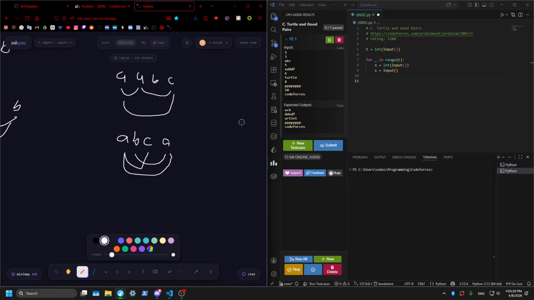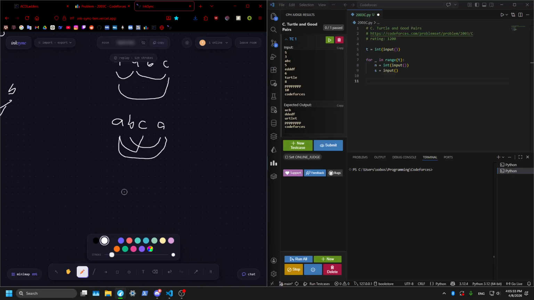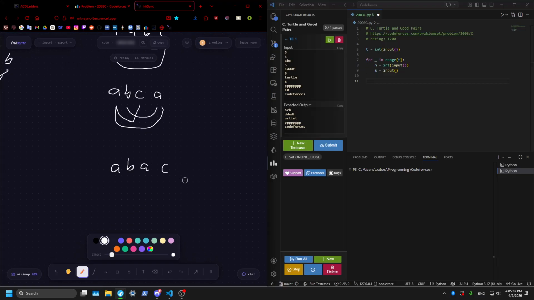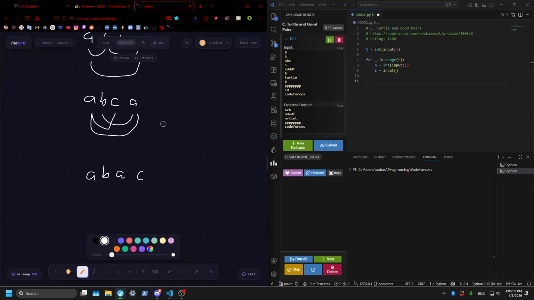Because we can't look at adjacents at all. So no, no, no. Yes. Yes. Yes. I think this is right. Also 3. A, B, A, C. This is last combinatorics, right?